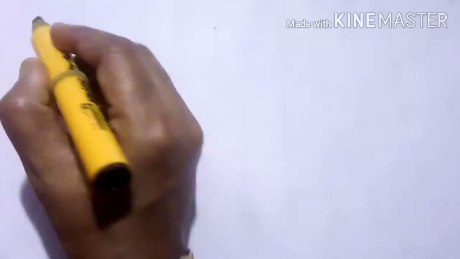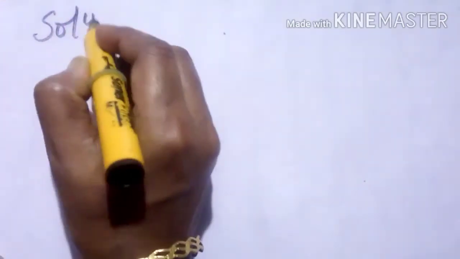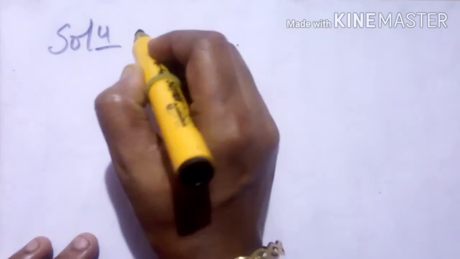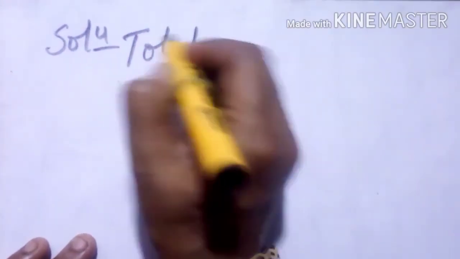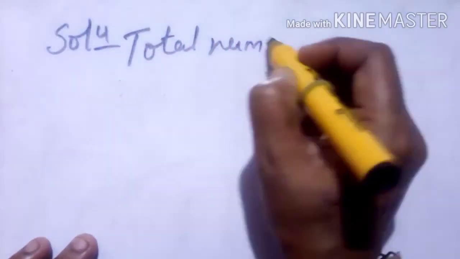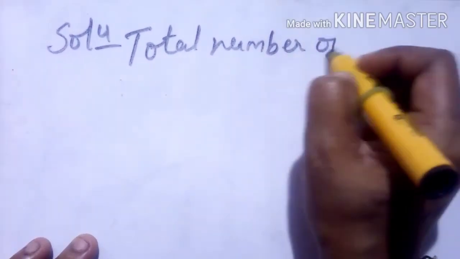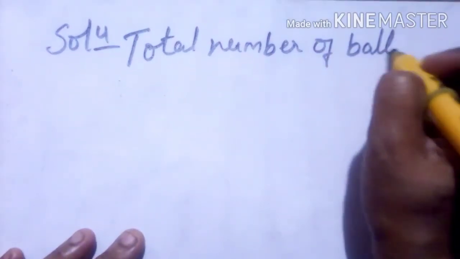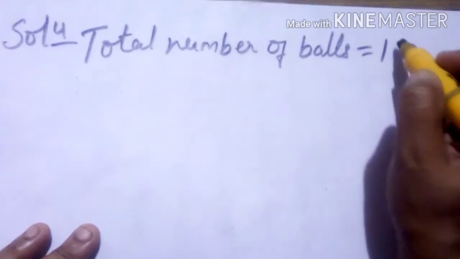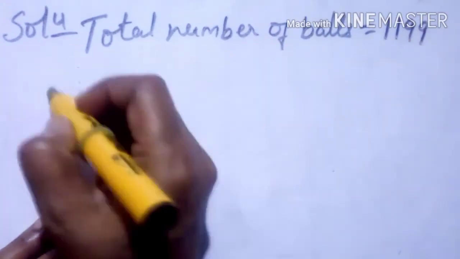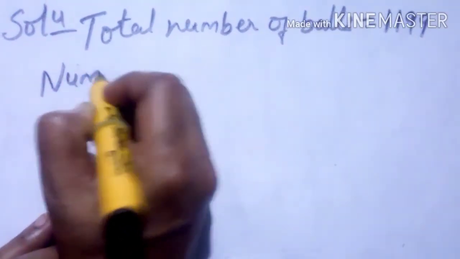Now see the solution. You have the total number of balls. Total number of balls is equal to 1199. Number of boxes. How many boxes are there?